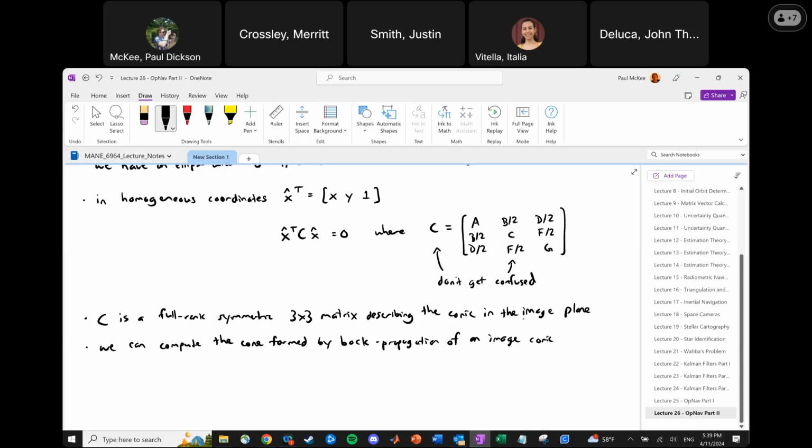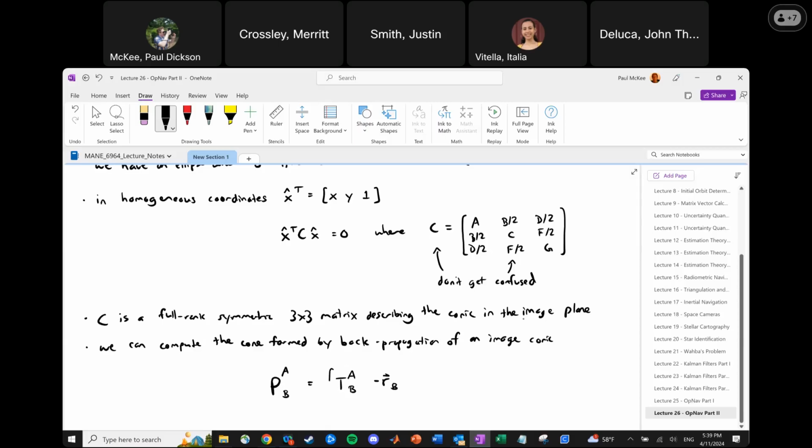Okay, so I'm going to say then that P from A to B is a rotation from A to B, and a translation.